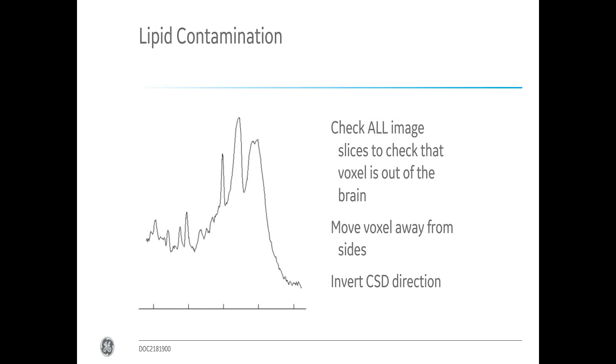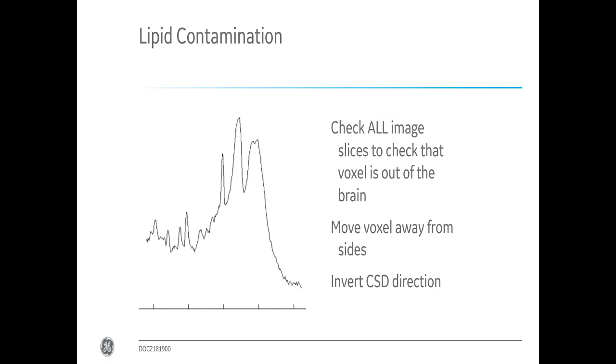Here's an example when you get too close to the sides of the brain, so to the skull: you get a lot of lipid contamination, two huge peaks. And remember, I started with lipids at 0.9 and 1.3 ppm. These are the lipids, and it's really difficult to analyze.